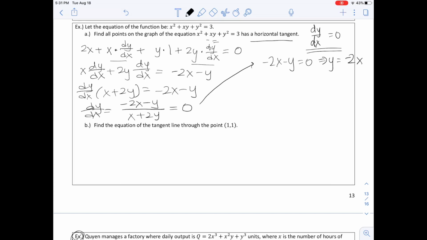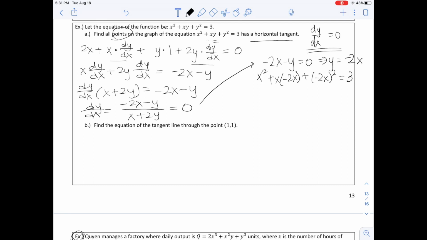From here, we need to go ahead and figure out what points we would have, which is what it was asking for, find all the points. And so in order to do that, I'm going to substitute in y is equal to negative 2x into my equation. And so I have x squared plus x times negative 2x plus negative 2x squared equals 3.